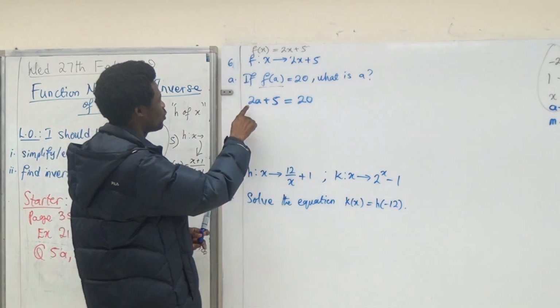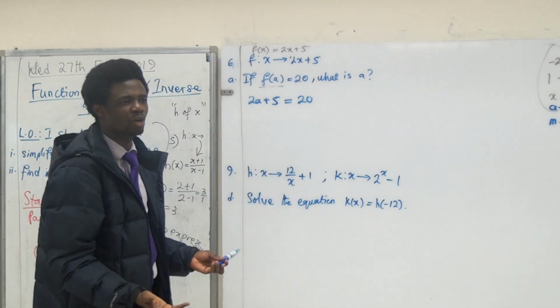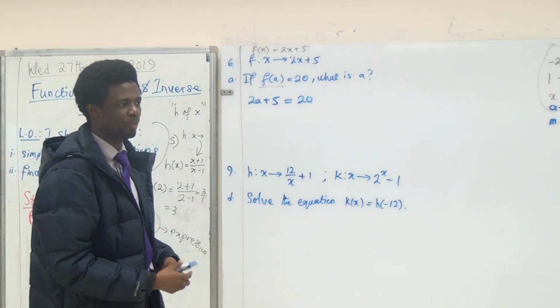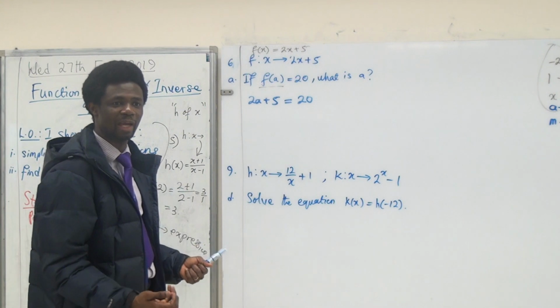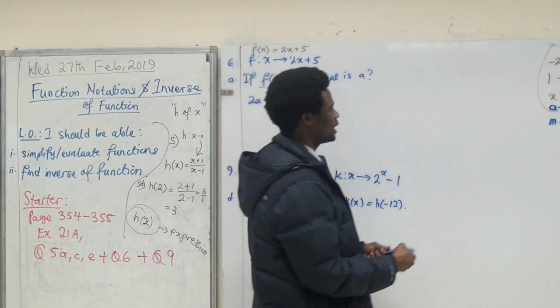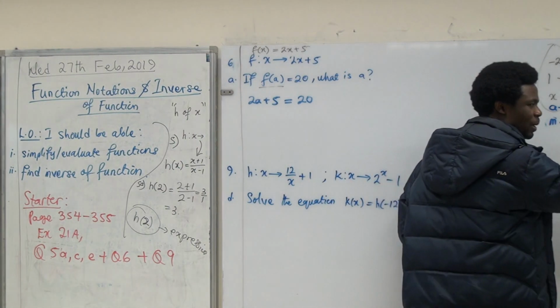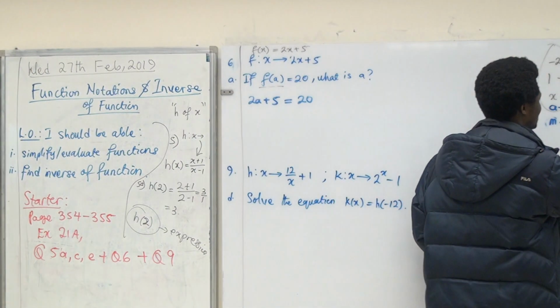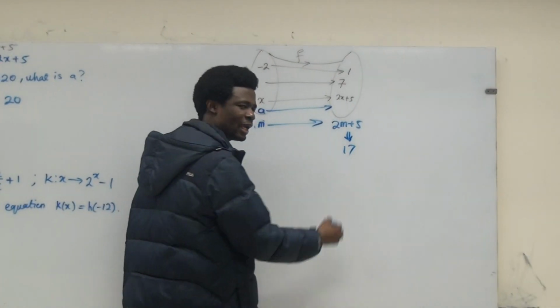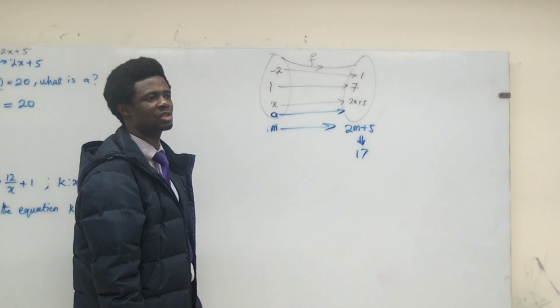Some of you are still working with 2x plus 5 is equal to 20. I don't know how you got that. If that was an examination, I don't think I would give you any point because I'm not asking you to solve for x. Does it make sense now? I'm telling you m is mapped to somewhere. Then I later discovered that somewhere, 2m plus 5, I got it to be 17. Then I'm asking you, what is this m in the first instance?